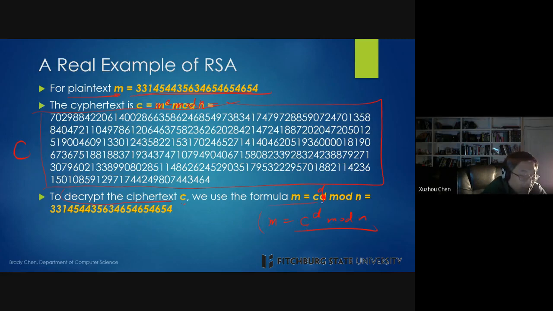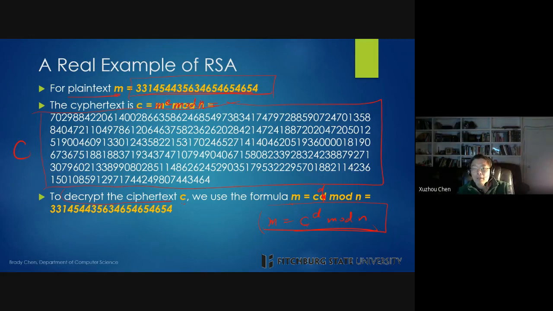Now we find out, I'm pretty sure that's this number. Are you excited? So that's the real RSA algorithm.